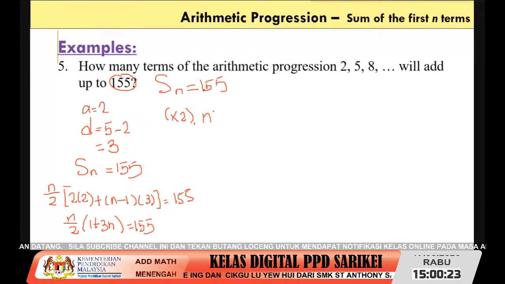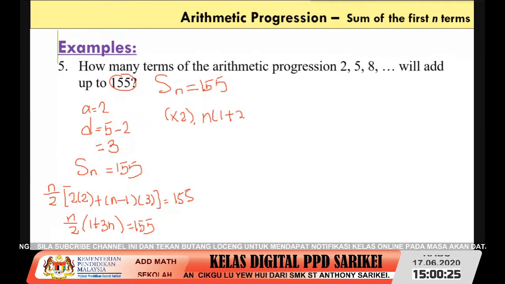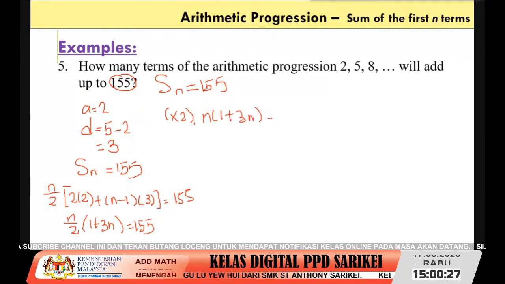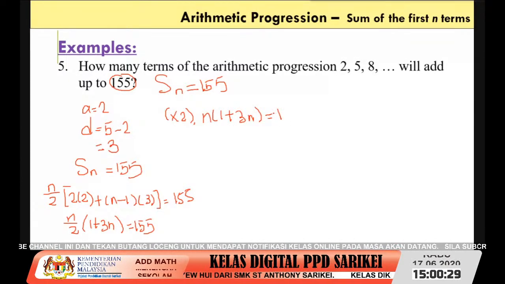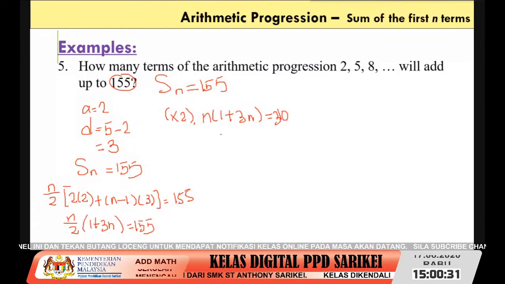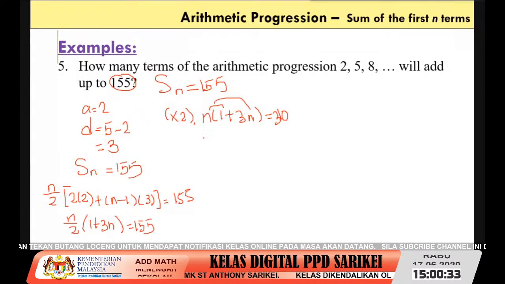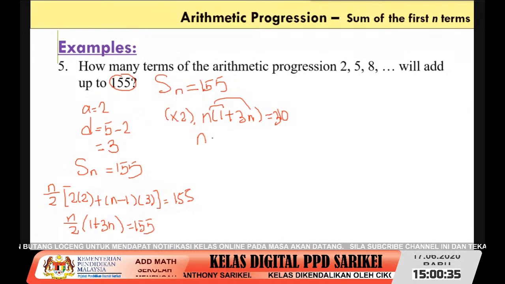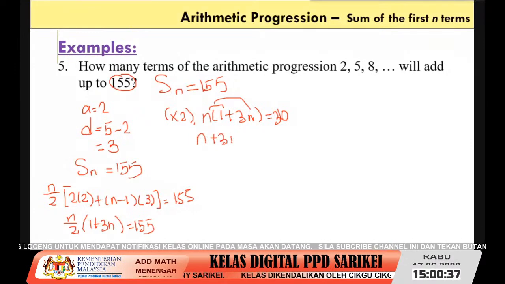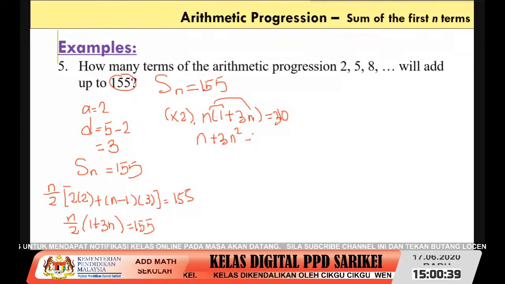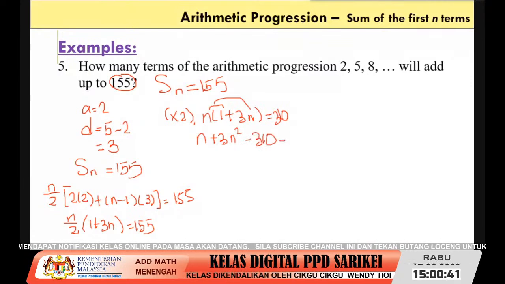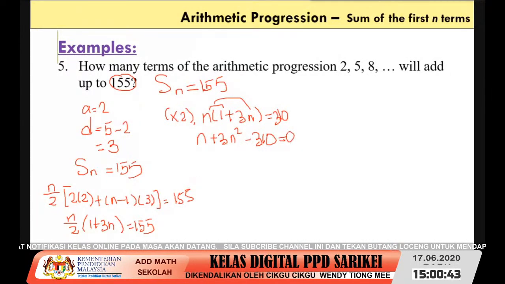So I will get n times 1 plus 3n equal to 310. So we expand one by one, kembangkan satu demi satu. n plus 3n squared minus 310. So we look at the terms now. We have n, we have 3n squared, and we have minus 310 and 0.